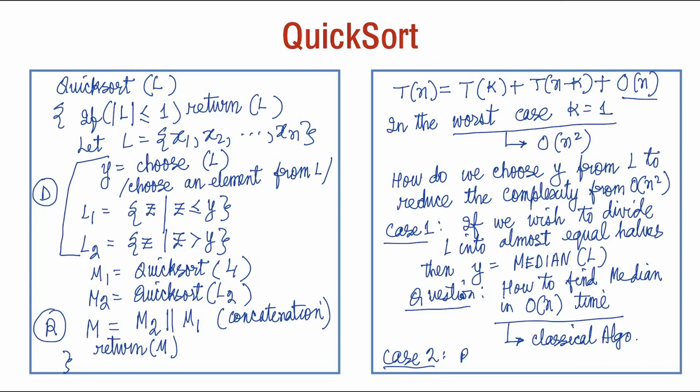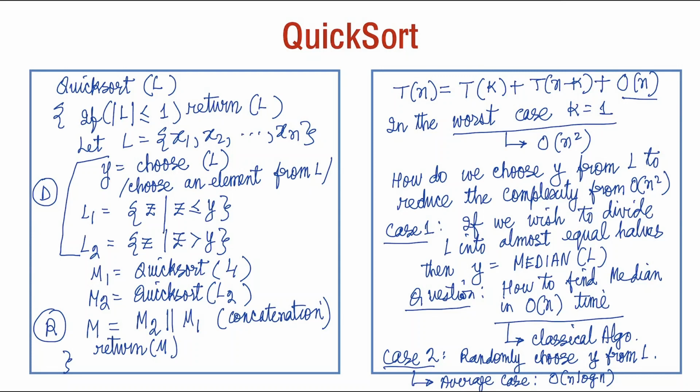The other is to randomly choose Y from L. Then if we choose it by a random method, there is no worst case, so we have to analyze the average case. I leave it to you to look at, and we will probably do it in the tutorials or somewhere else, that in the average case we will get order n log n complexity.